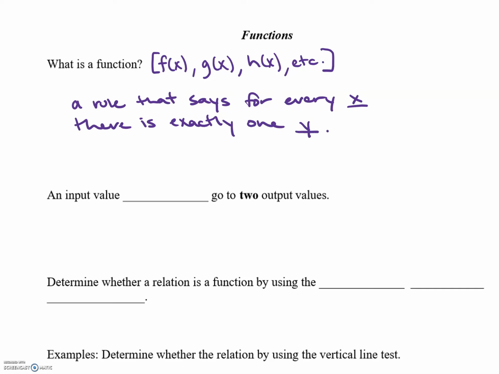So for every x value, there's exactly one y value. What that's saying is an input value, which is basically all your x values, cannot go to two output values, which are going to be your y values.